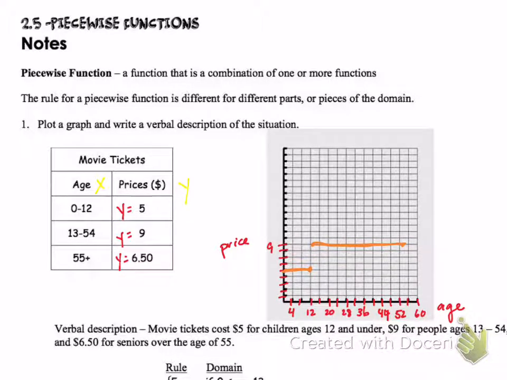And then 6.50 is halfway in between that, so this line right here from 55 to, I guess, infinity. Forever. Infinity years old. I'm going to draw an arrow because I don't want to put an end to an age.